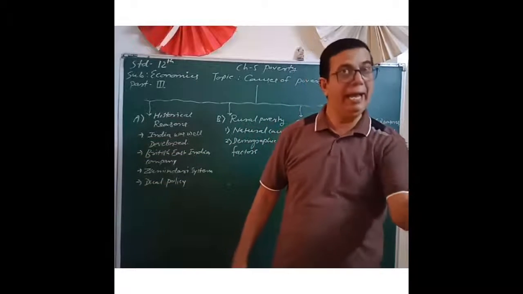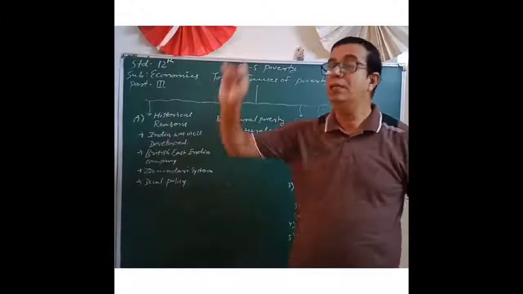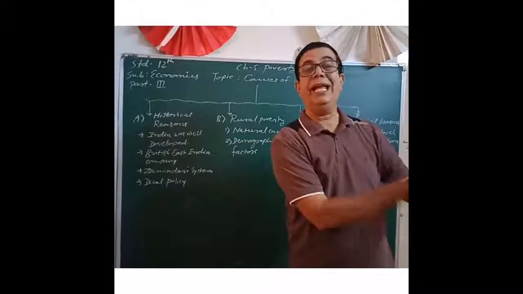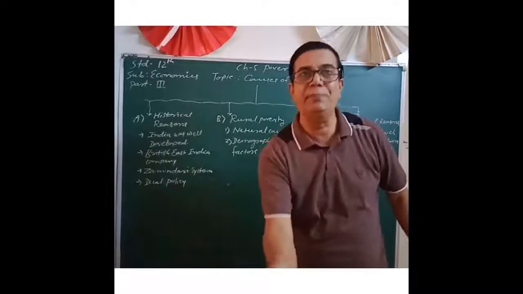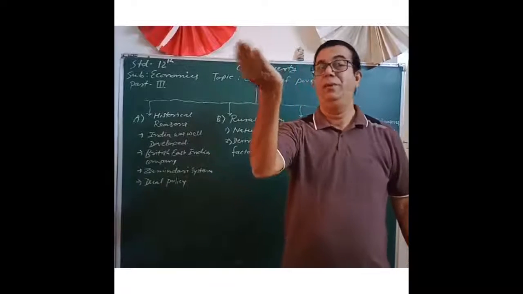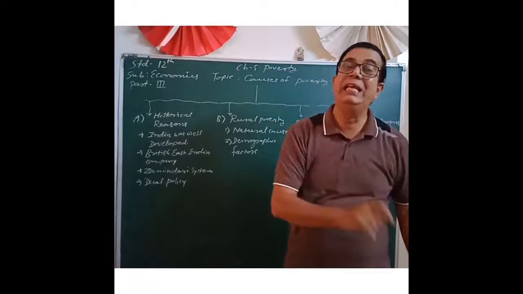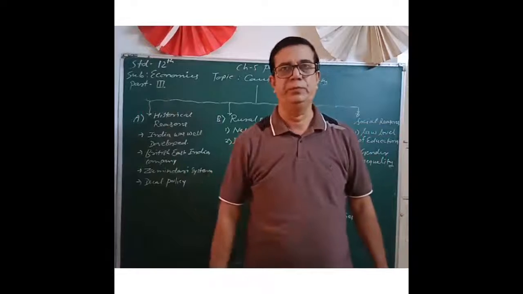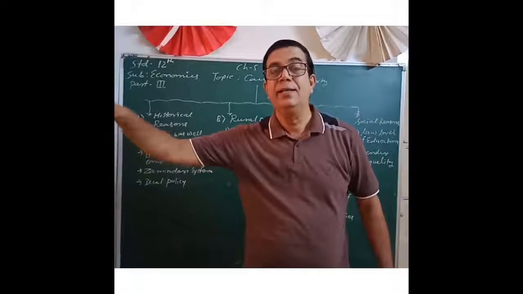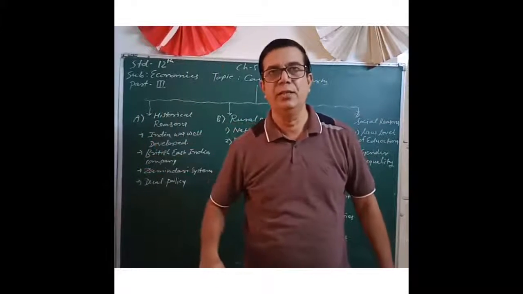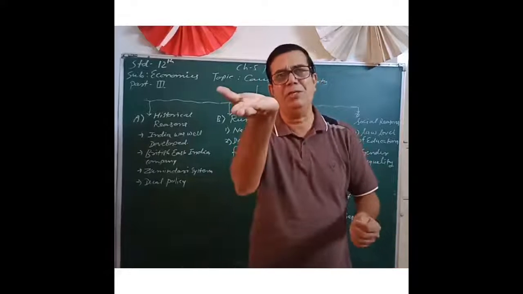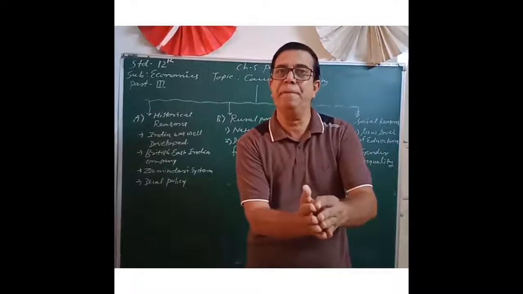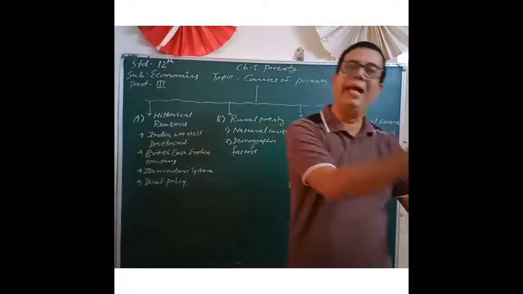The landlord has lands and the farm worker is without land. The landlord doesn't have any interest to increase the production because they give the land to the tenant or farm worker to cultivate. On the other side, the farm worker or tenant doesn't have any interest to increase the production. Why? Because they have a fixed share given by the landlord.